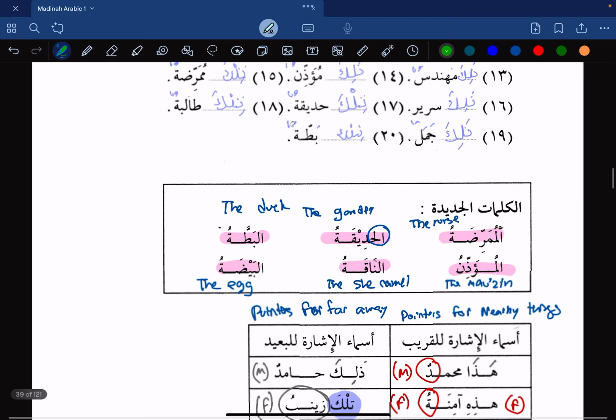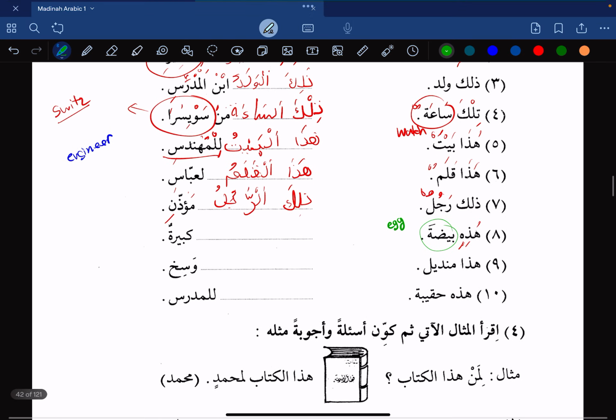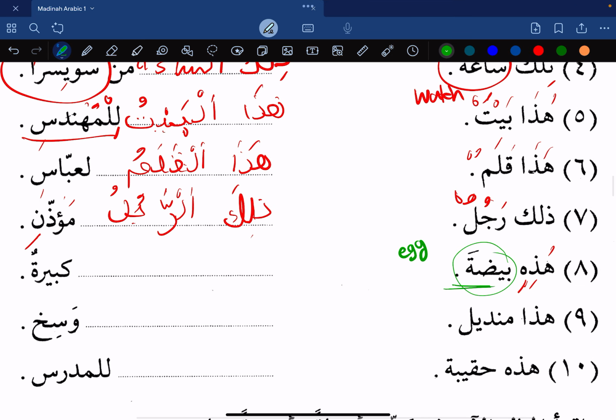Egg. Delicious. Okay. So بيضة means egg. So it's a muannas. This word is feminine. So we are gonna use هذه البيضة كبيرة.